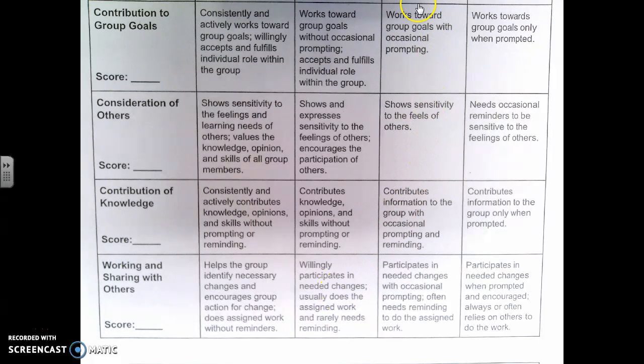On the lower end of the grade, probably around the D range, would be works towards group goals with occasional prompting, shows sensitivity to the feelings of others, contributes information to the group with occasional prompting and reminding, participates in needed changes with occasional prompting, often needs reminding to do assigned work. And at the bottom, works towards group goals only when prompted, needs occasional reminders to be sensitive to the feelings of others, contributes information to the group only when prompted, and participates in needed changes when prompted and encouraged. Always or often relies on others to do the work for you.